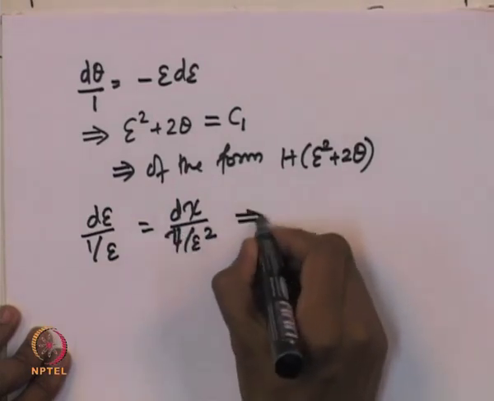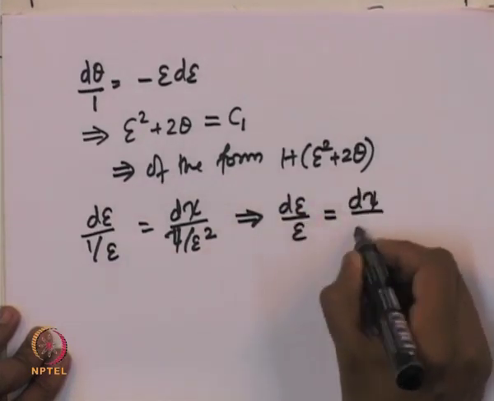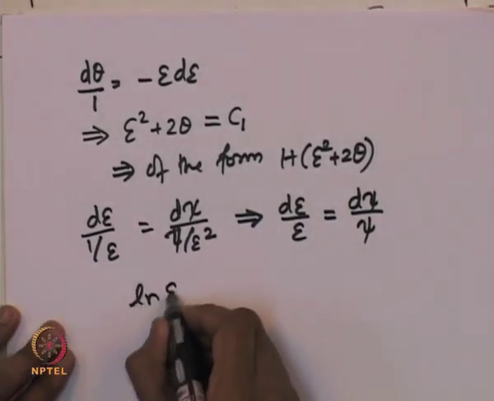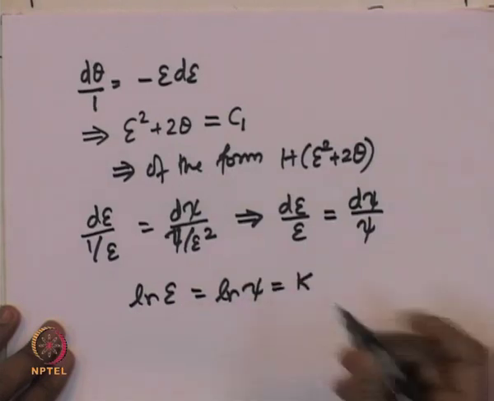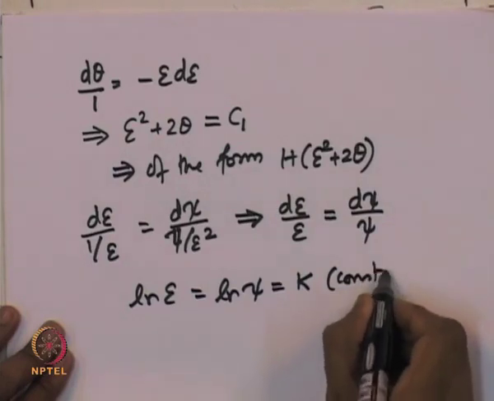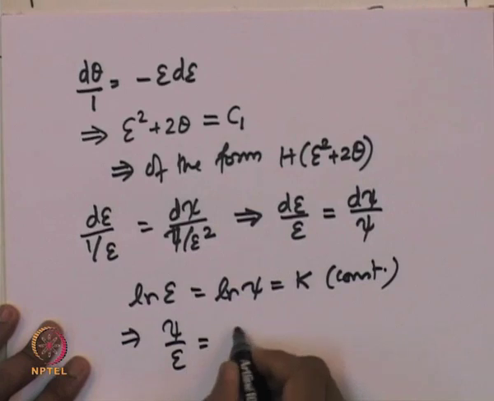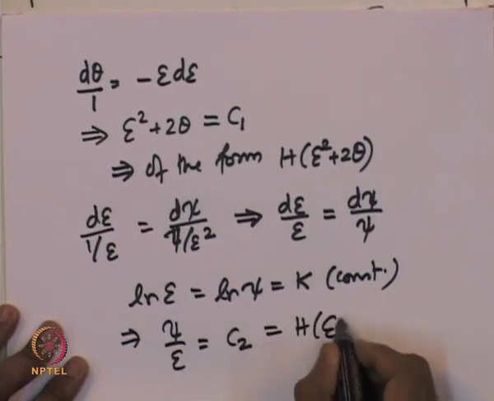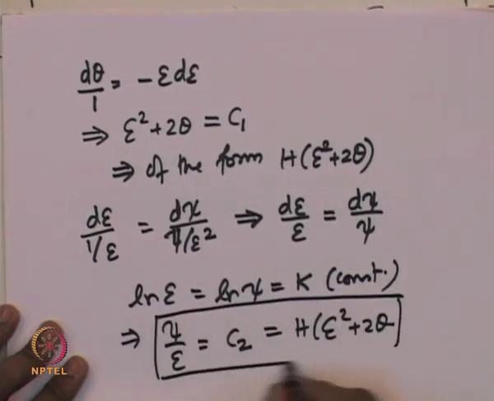So, this can be rewritten as d epsilon by epsilon is equal to d psi by psi, which can be solved to obtain ln epsilon equal to ln psi plus some constant k. So, that is a constant. So, from here we can find that psi by epsilon is nothing but some constant C 2, and that can be equal to h of epsilon square plus 2 theta. So, that is the functional dependence.